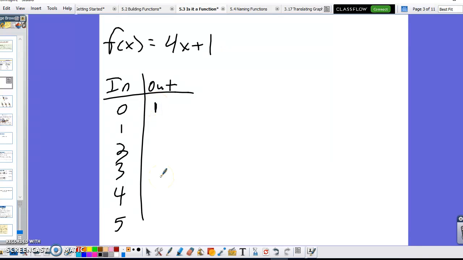Doesn't matter how I put it in or how many times I put it in, it's always 1. Just like 4 times 1 plus 1 is always going to be 5. It's not going to ever change. 4 times 2 plus 1, etc. So this is a function because each input only has one output. There's no other option.